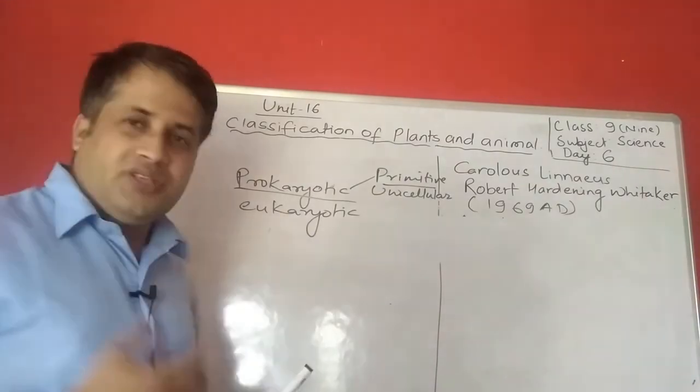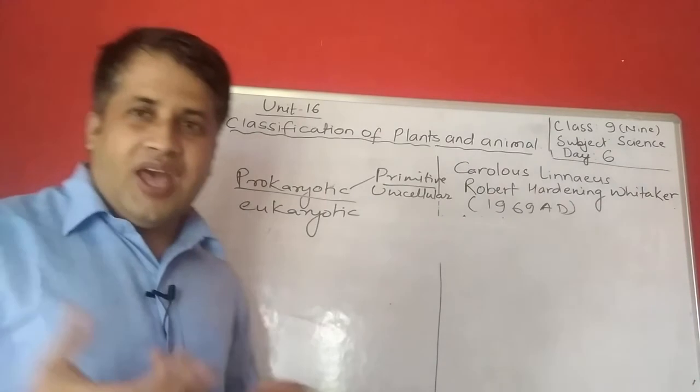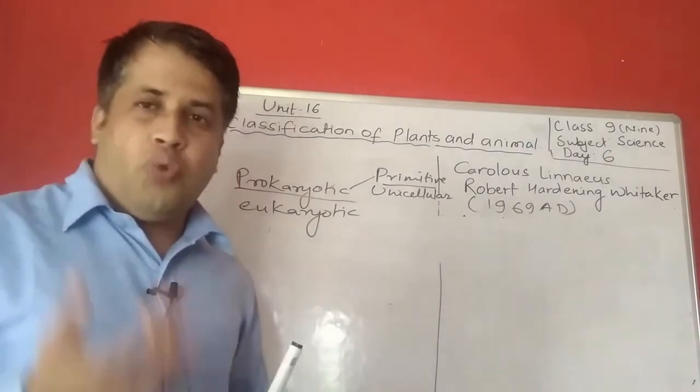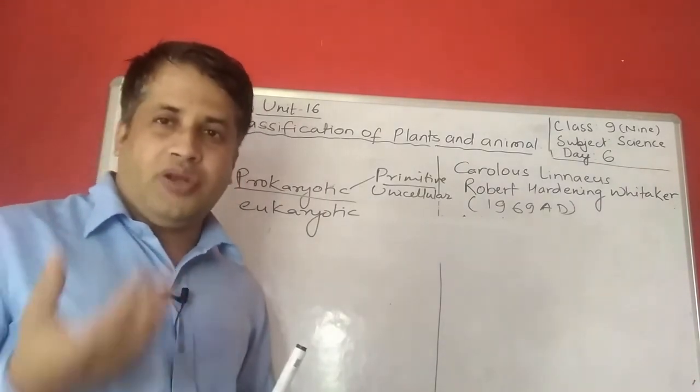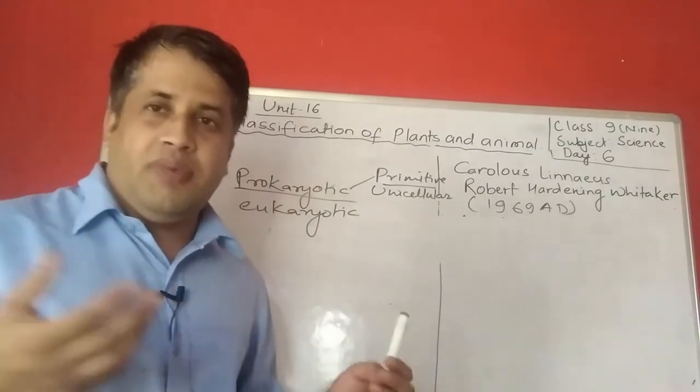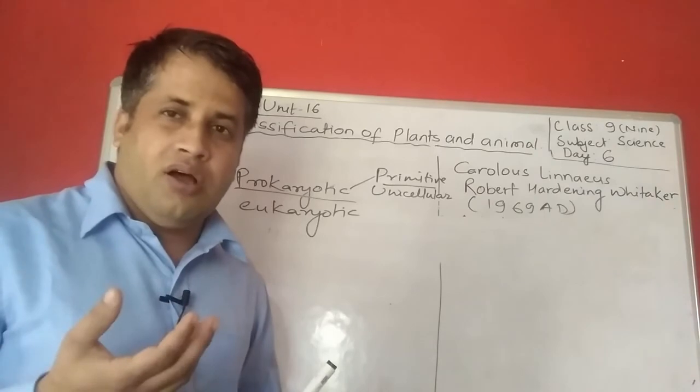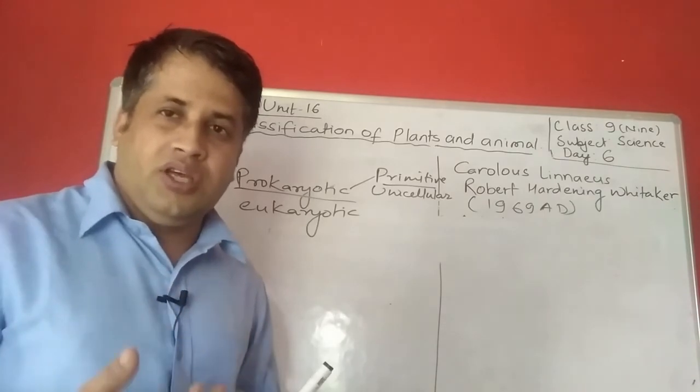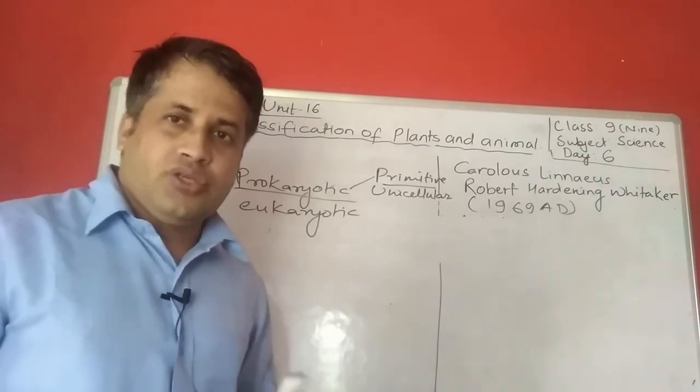Similarly, eukaryotic means those organisms which have cell bodies like mitochondria; they may have a cell wall, a cell membrane, mitochondria, a nucleus, and so on.